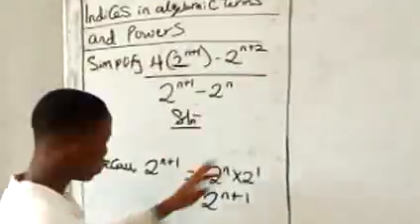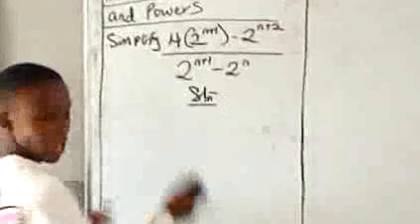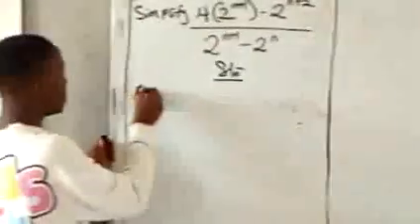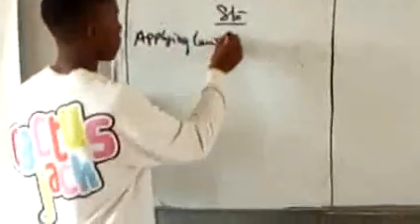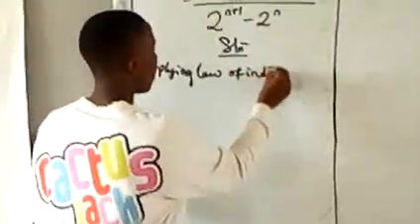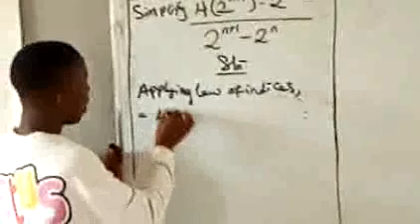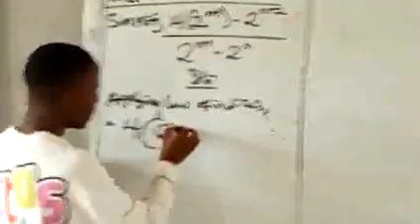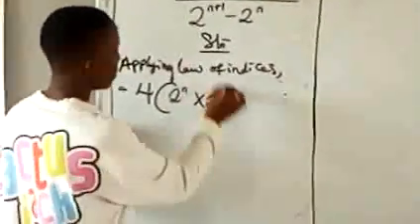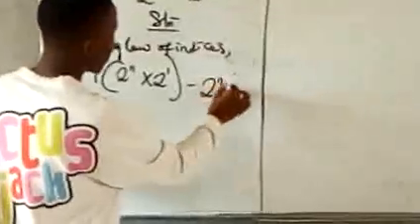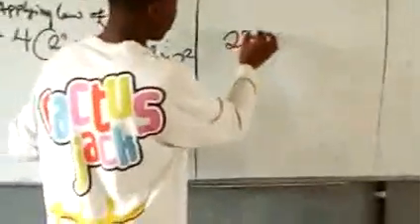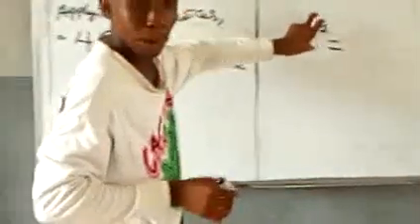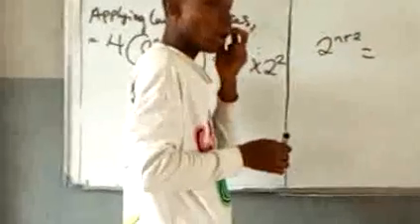You now substitute. Applying the laws of indices, we now have 4 into 2 raised to the power n times 2 raised to the power 1 minus 2 raised to the power n times 2 raised to the power 2, because 2 raised to the power n plus 2 will be equal to, because of the added powers, it means that we are under multiplication.